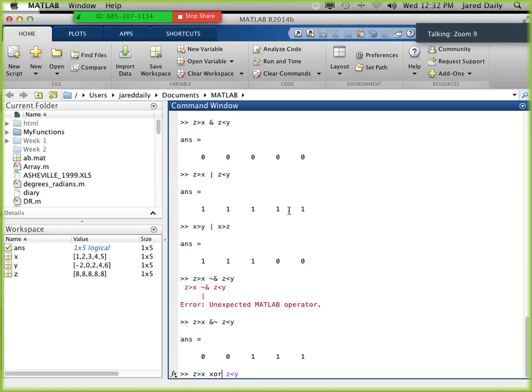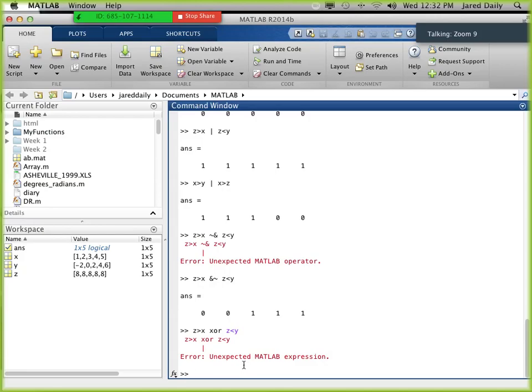That exclusive OR says that it wants either this one to be true or this one to be true, but only one of them. Like before when we used the OR, if this one was true or this one was true and they both were true, that was fine, it came out true. But now it only wants one of them to be true, not both, and then it will return whatever it returns. Now we have to figure out how to use that.